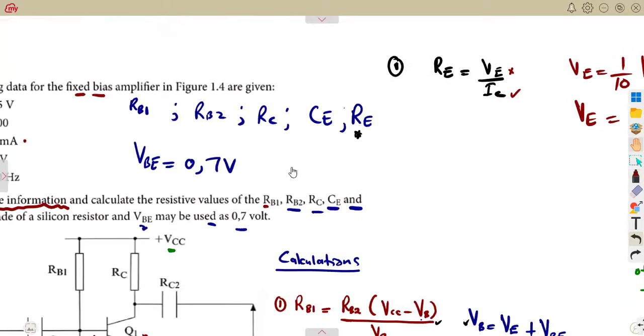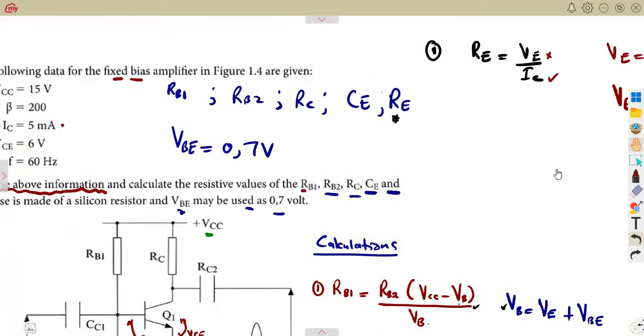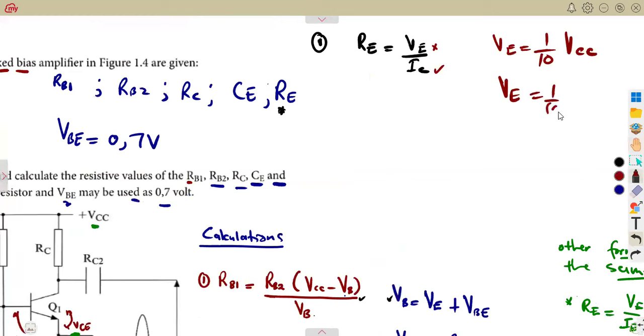So VCC is given, which is 15. So we're just going to multiply by 1 over 10. 1 over 10 times 15 is going to give us the value of VE, which is 1,5 volts. So we have got VE. So to calculate RE, we're just going to substitute, because we've got VE, which is 1,5, and IE, which is the same as IC, is the one that you're going to use.